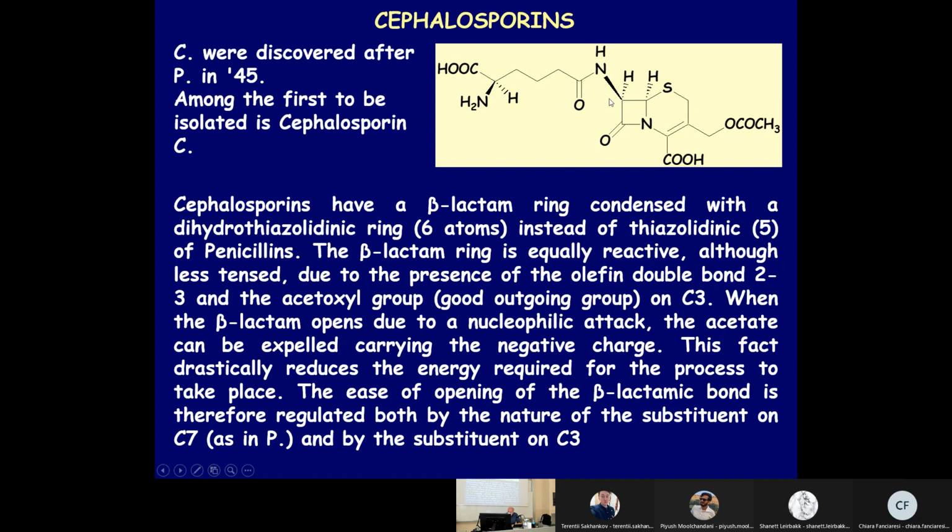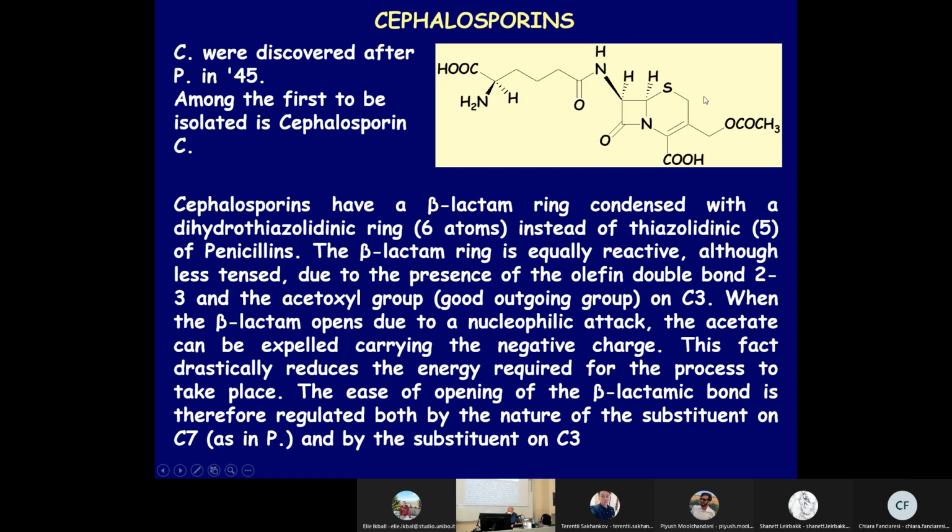Once again, you can see the 4-member ring, the beta-lactam ring, but in this case it is fused with a 6-member ring.